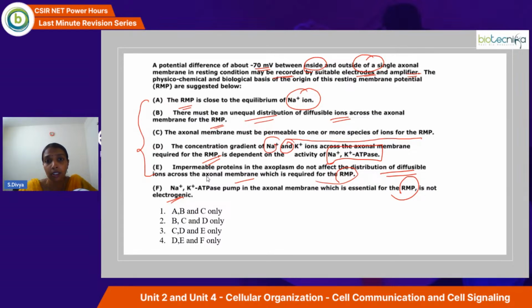And don't be tense. Whatever you have studied is already there in your mind. All you need to do is brush up. And that's the reason, if you have attended all the series for the past 4 days, you might have come across clarity on many topics. Okay, so don't worry.